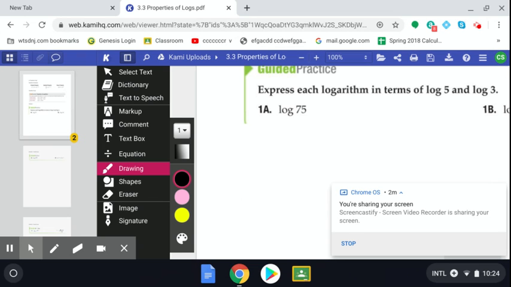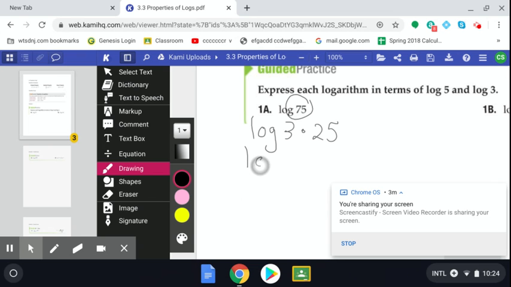So I know that 75 is 3 times 25, so I can rewrite this as log, and instead of writing 75, I can break that up to 3 times 25. And now I can change that multiplication sign to a plus sign, and then I have to write the word log twice.